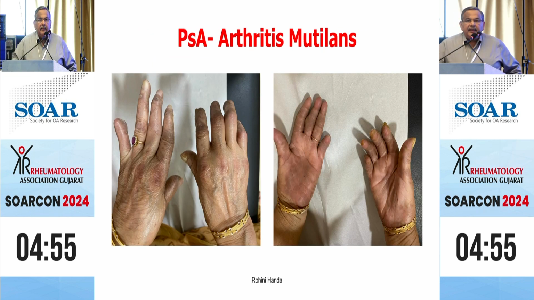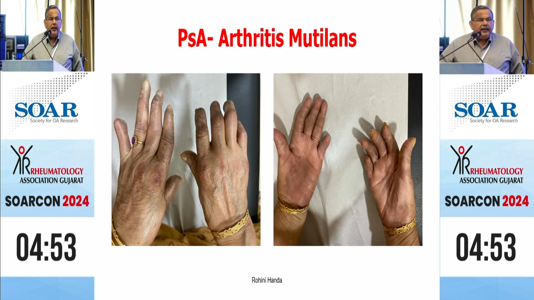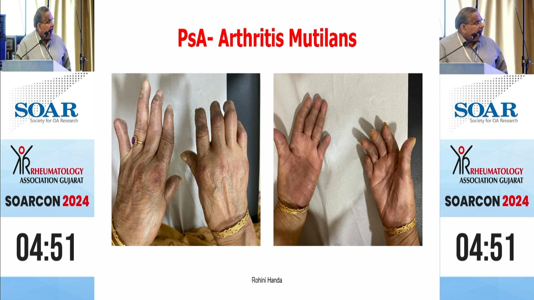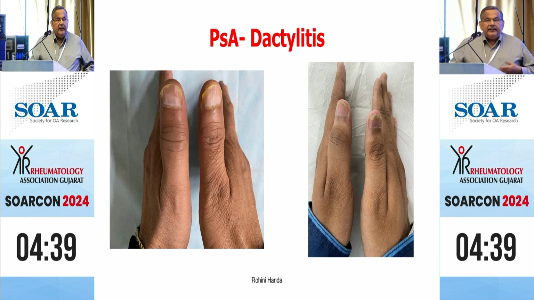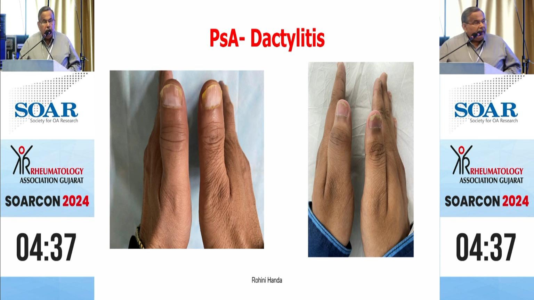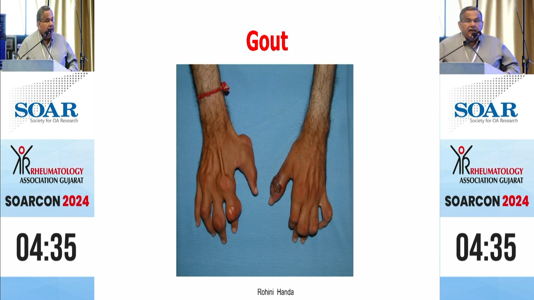And this is arthritis mutilans, fortunately becoming rare in clinical practice today. And these are more examples. And as you can appreciate the nail changes of psoriasis, you have this thumb, and this thumb is a giveaway that this patient is having psoriatic arthritis.